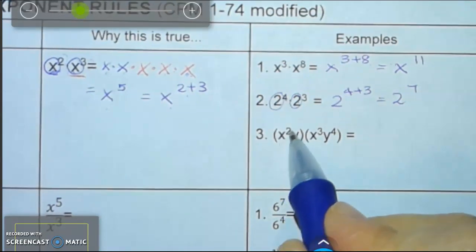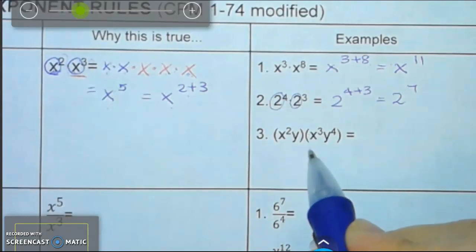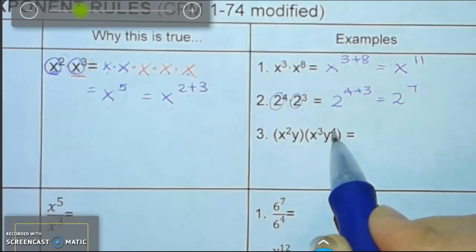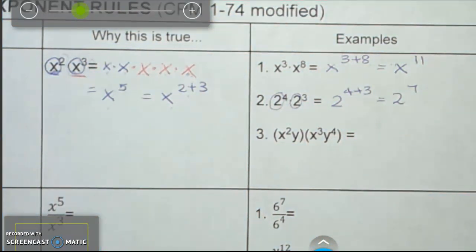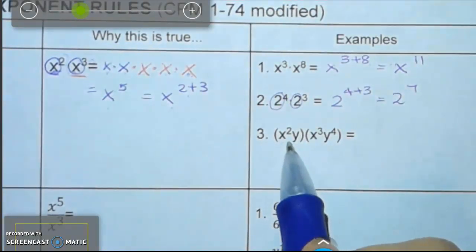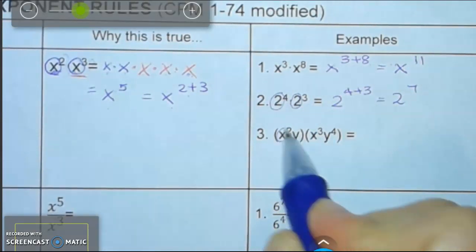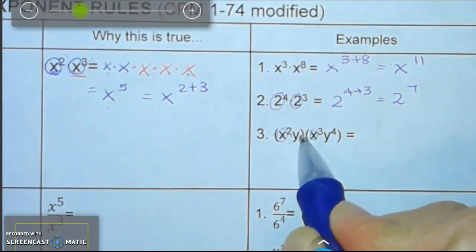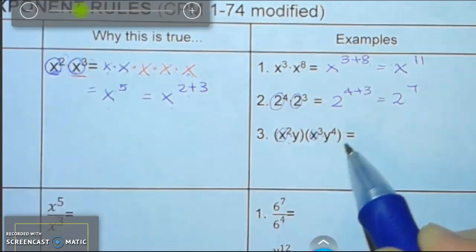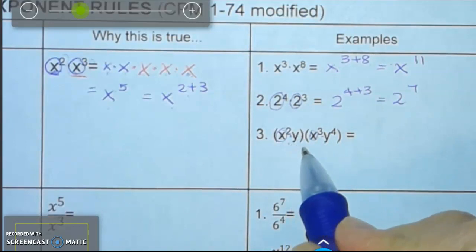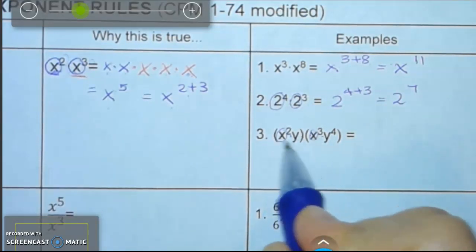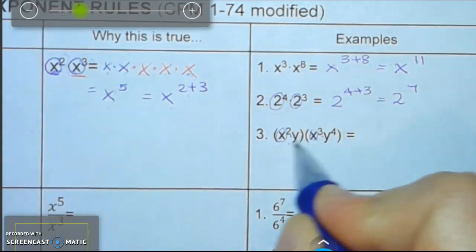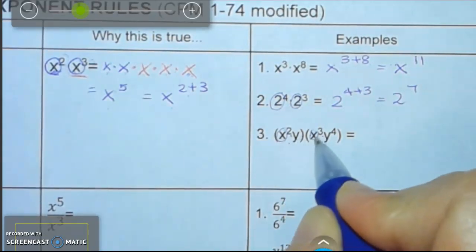The next example, x squared times y times x to the power of 3, y to the power of 4. In this case, we have two different variables. Remember, the bases have to be the same, but between all of this, it's all multiplication. So we are indeed multiplying, but we can only combine when the bases are the same. So we can combine x squared and x cubed.